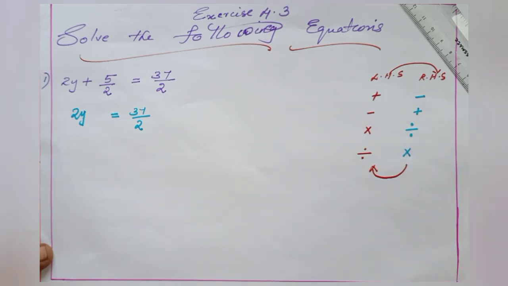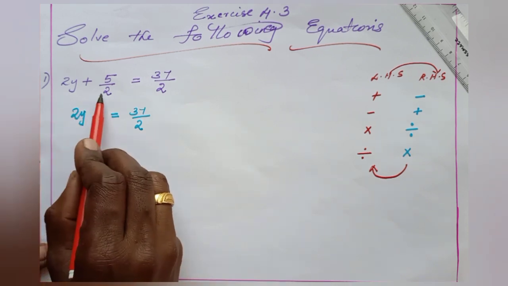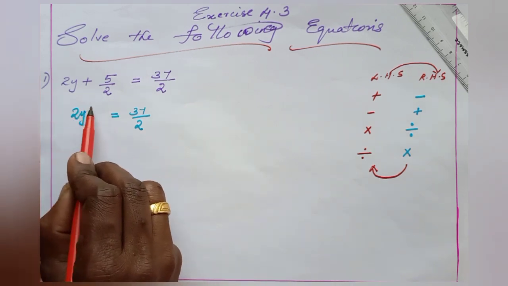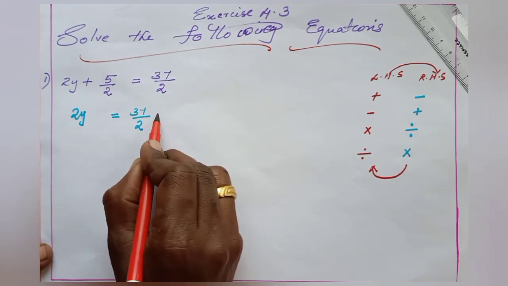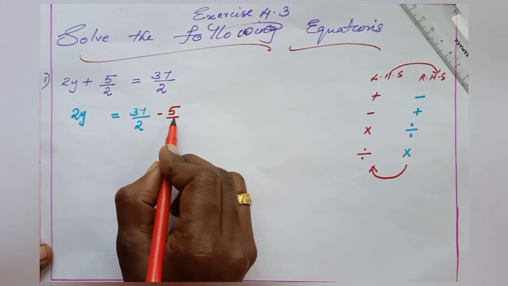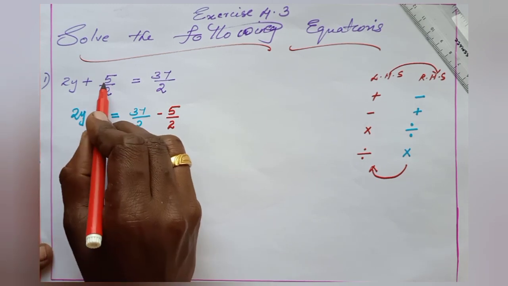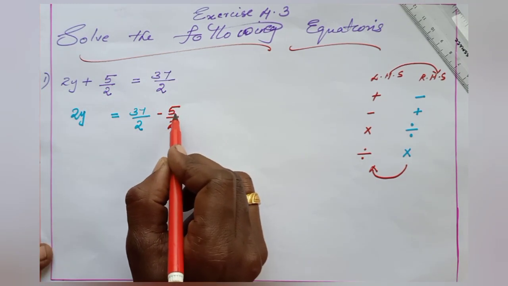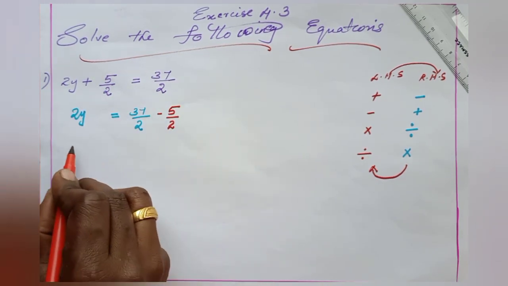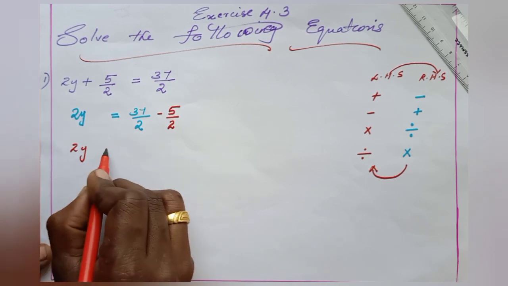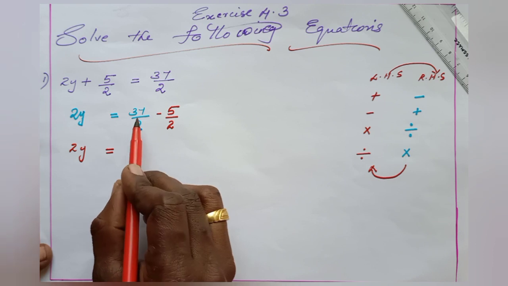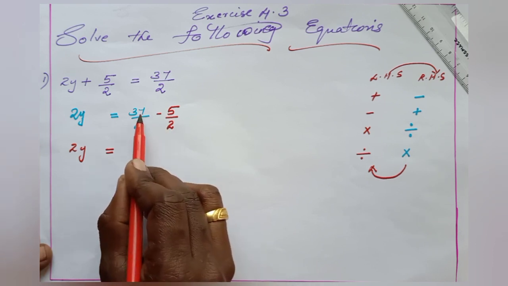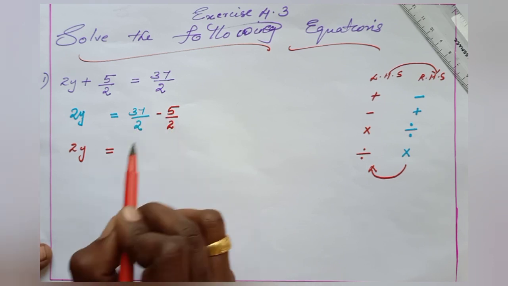Here we are transposing positive 5 by 2 from LHS to RHS. So that becomes minus 5 by 2. Then we get 2y equal to 37 by 2 minus 5 by 2.